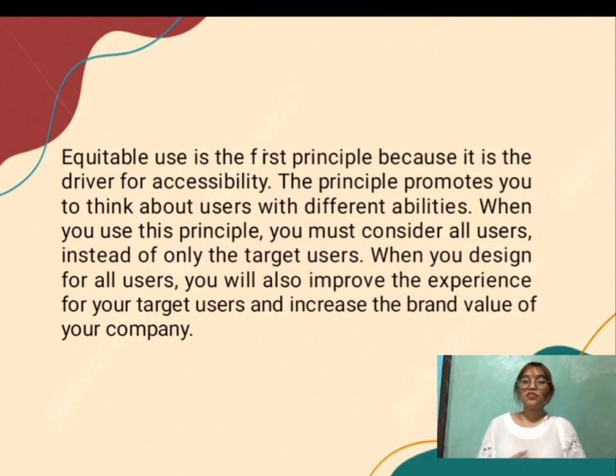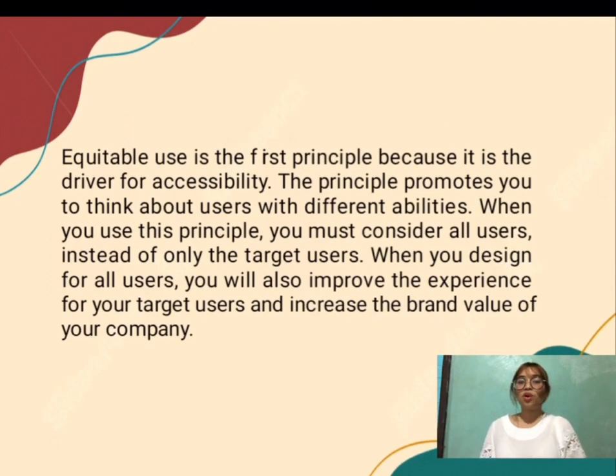Equitable use is the first principle because it is the driver for accessibility. The principle promotes you to think about users with different abilities. When you use this principle, you must consider all users instead of only the target users.